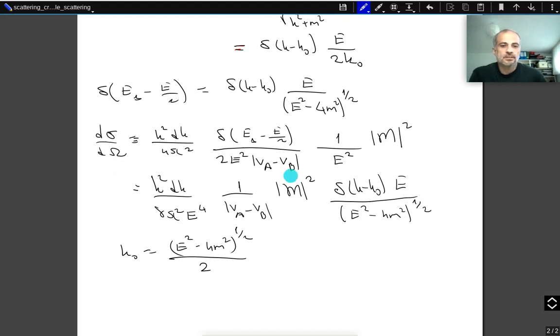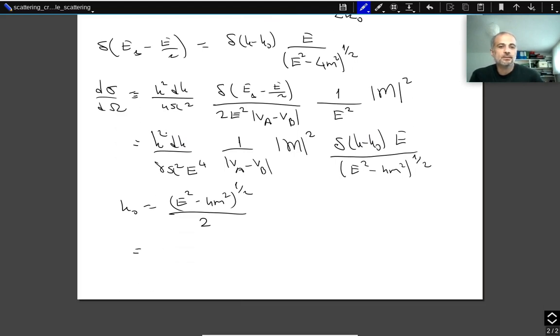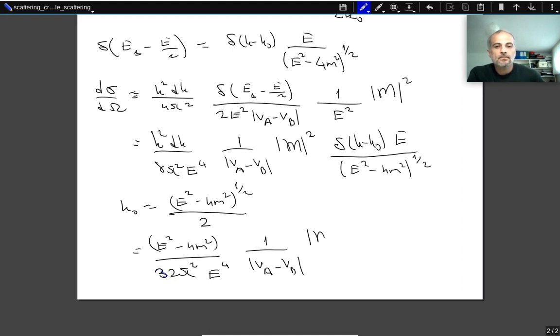So, thanks to this Dirac delta, we can evaluate the k integral also, and the result just gives us a k. Instead of k, we will just put k0. This is e squared minus 4m squared divided by, here we have a 4, there is an 8, so it makes a 32 pi squared e to the 4, 1 over va minus vb, m squared.